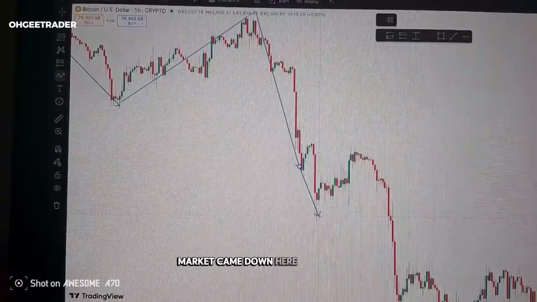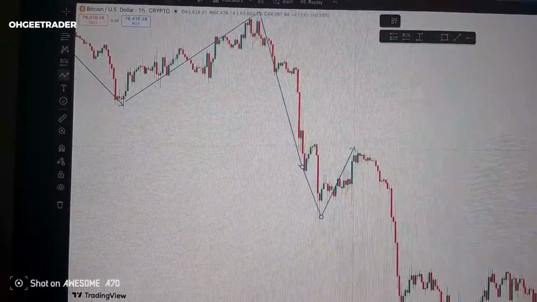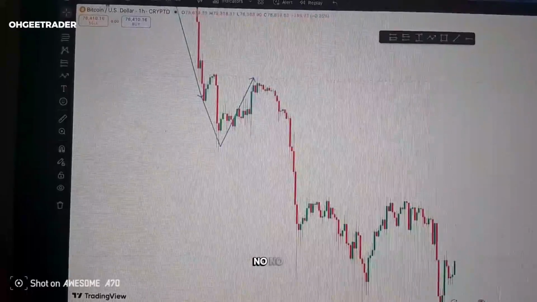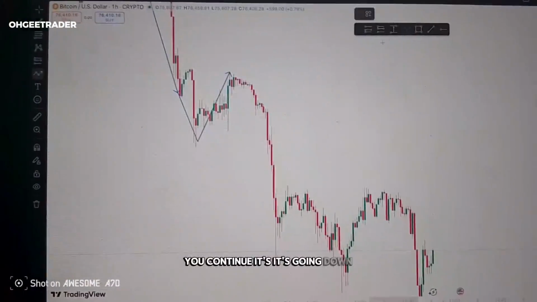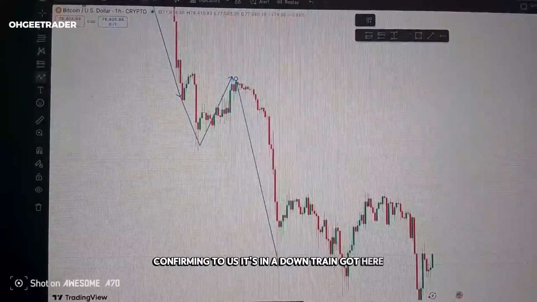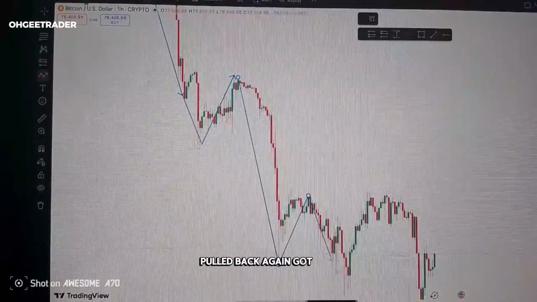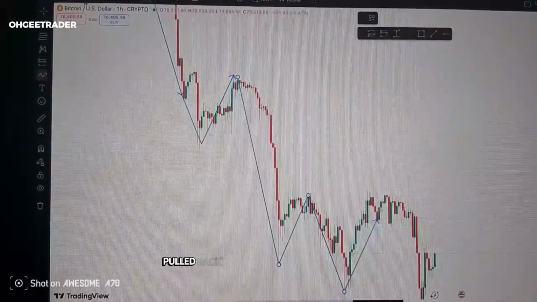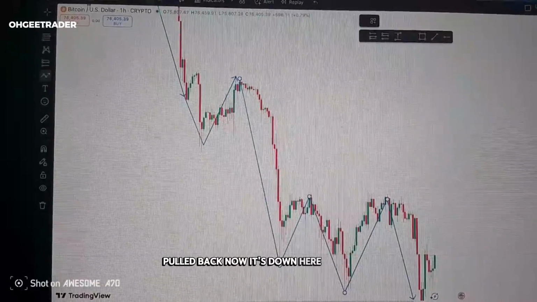It continues going down. It's in a downtrend. Got here, pulled back again. Got here, pulled back. Now it's down here.